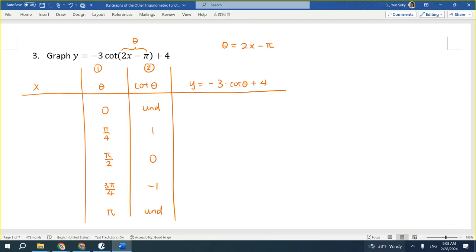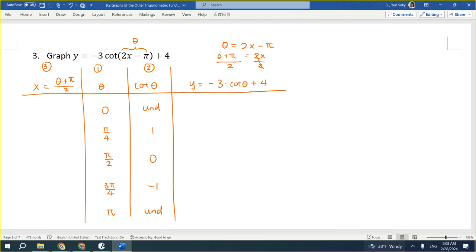How do you solve for x? We add pi to both sides, and we get 2x, then divide by 2. So the third step, fill out the x column. So x is theta plus pi over 2.